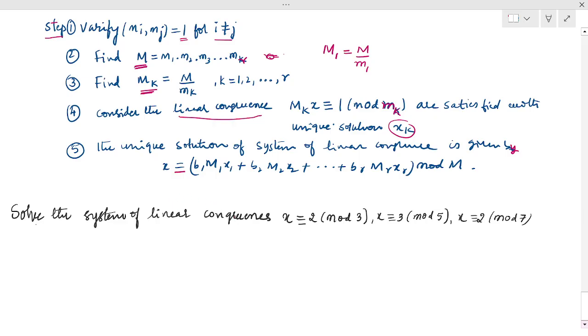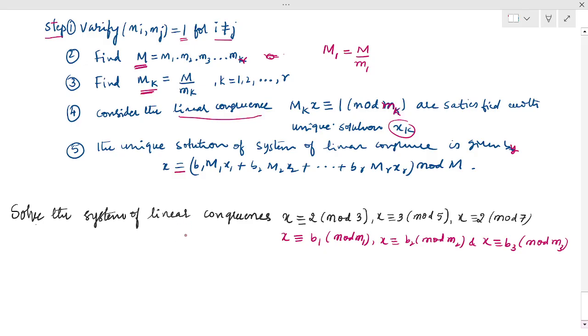First, compare these equations with the standard form: x is congruent to b1 mod m1, x is congruent to b2 mod m2, and x is congruent to b3 mod m3.